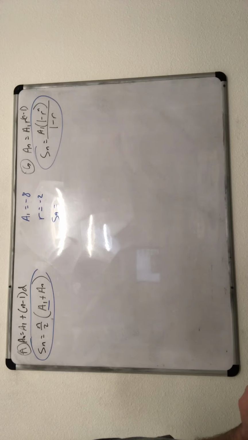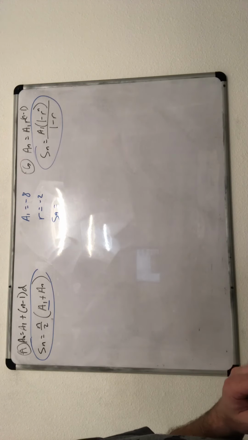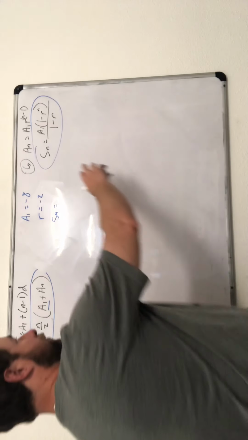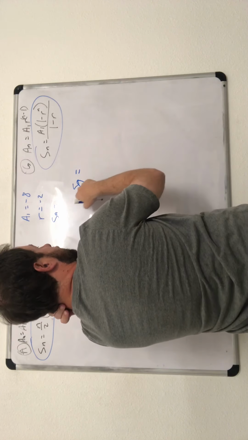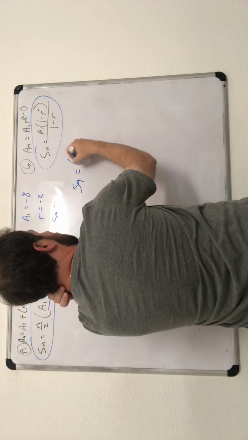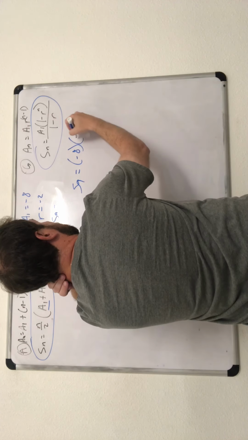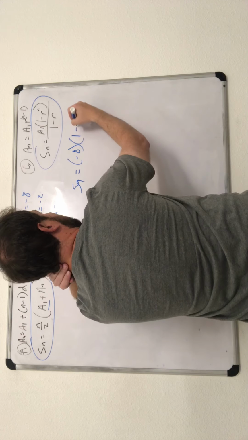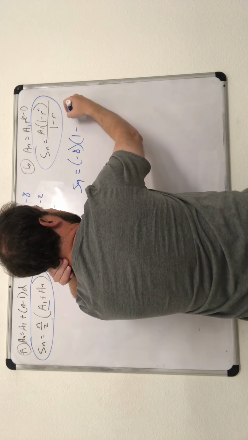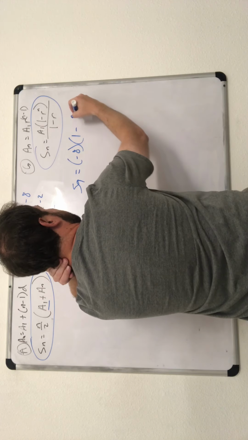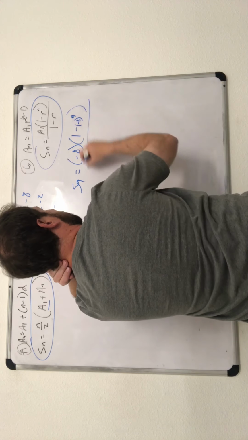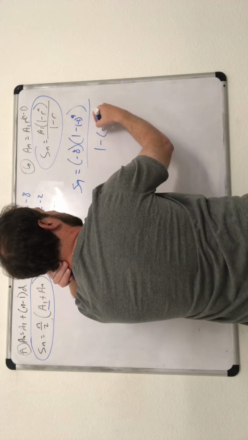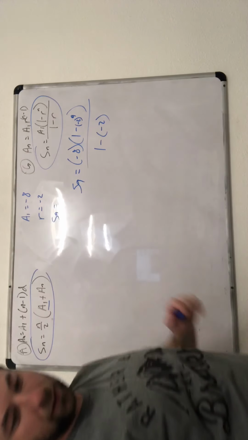You know what, scratch that. On these, you don't even need to find the 9th term. You can go ahead and use this formula to plug things in. The sum of the 9 terms, a1 is negative 8, and then we have 1 minus r to the n. If it is the 9th term, the r was negative 2, all over 1 minus negative 2.